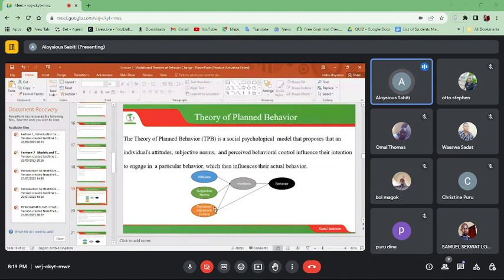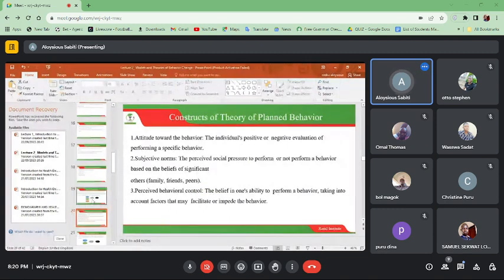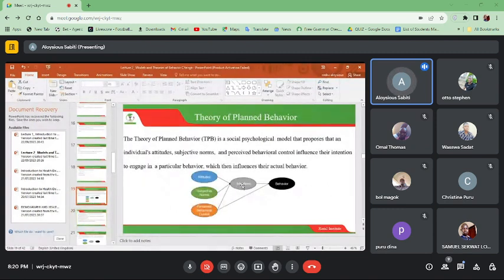And I said that the perceived behavioral control, if you see this arrow, influences the behavior directly, but also influences the intentions of the individual. However, the person's attitude and their subjective norm first influence the person's intention, then later influence the behavior.